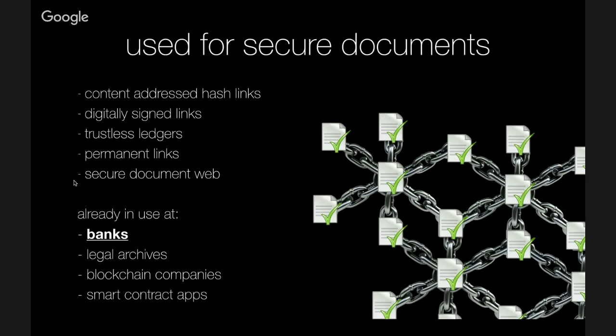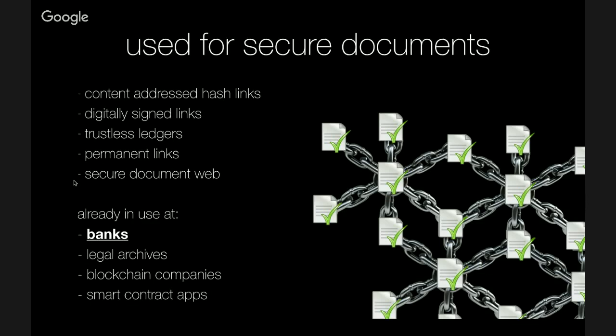People are using it for secure documents. So think of the distributed ledger use case. Everyone right now is getting really crazy about using blockchains for storing signed documents and so on. And you don't really need a blockchain for that. You use a blockchain merely to timestamp, but the signed documents, people are actually storing them on IPFS.